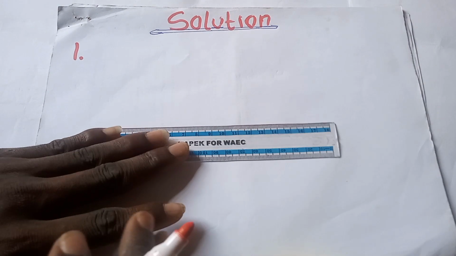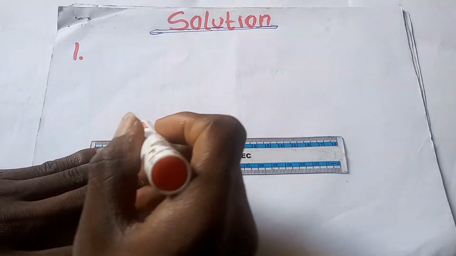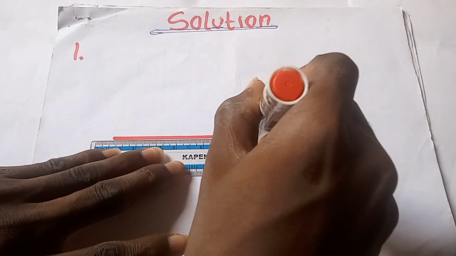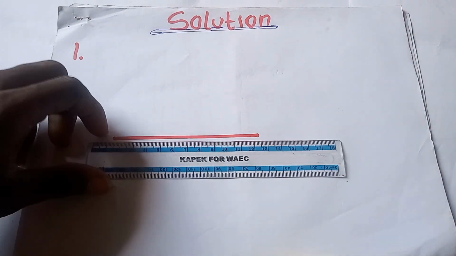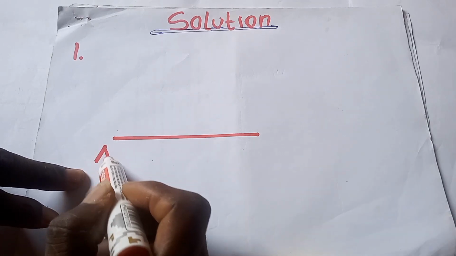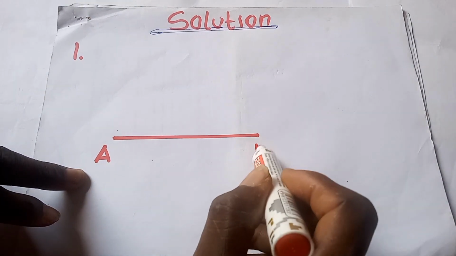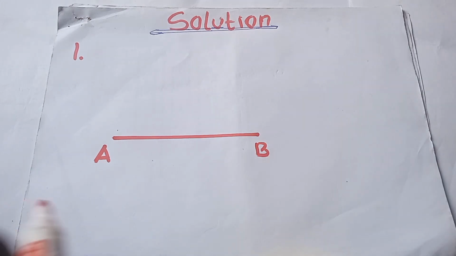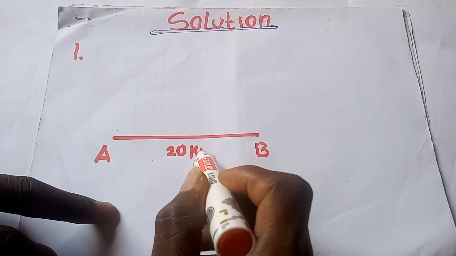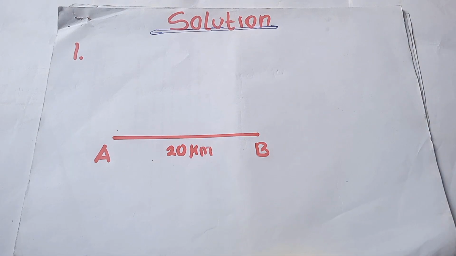Let me call this point A and this point B. From point A to B, that is 20 kilometers. That's the first statement I had there.